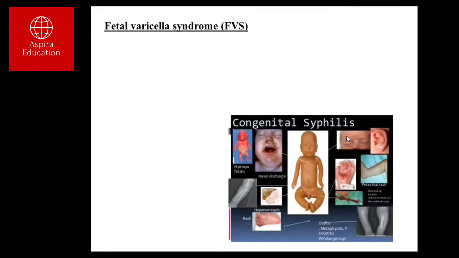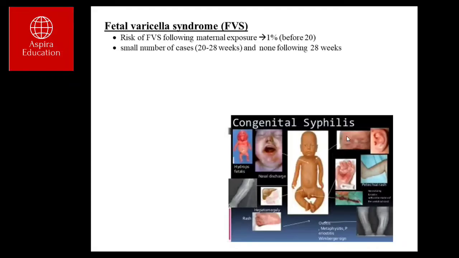One of the other congenital syndromes is called fetal varicella syndrome. That is, if the mother gets exposed to varicella and has varicella or chickenpox, then the baby is at risk for developing what's called fetal varicella syndrome. The risk of infection is only 1% before the 20th week of gestation. There are some small number of cases between 20 to 28 weeks and nothing beyond 28 weeks.